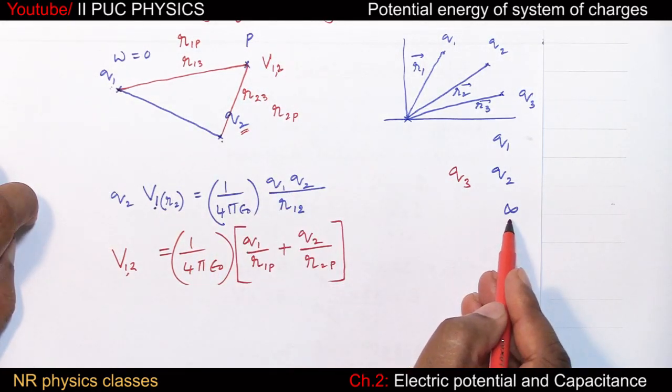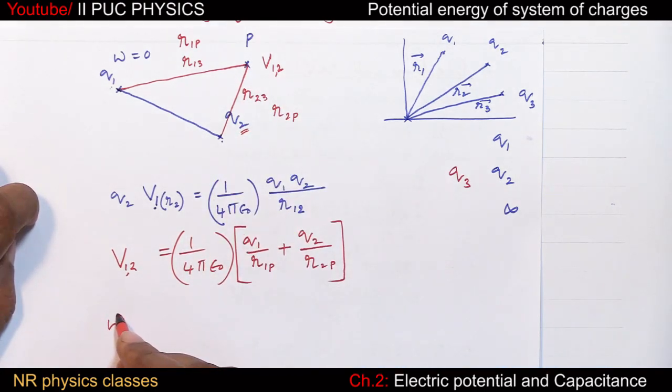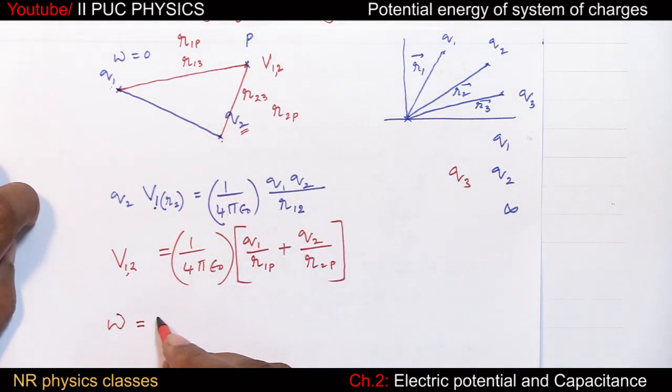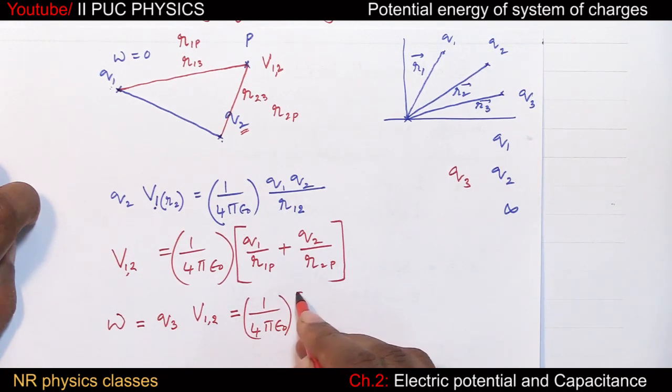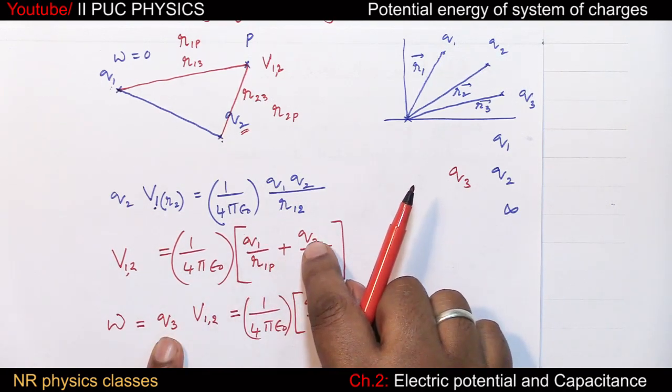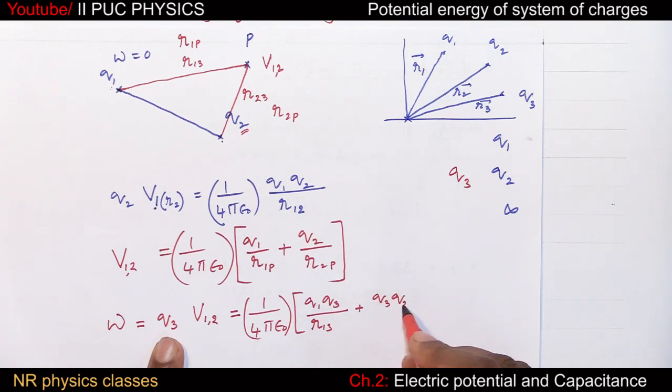Let us bring Q3 from infinity to P. Therefore, work done in bringing Q3 from infinity to P is Q3 into potential due to first and second charges, equal to 1 by 4 pi epsilon naught, taking Q3 inside, Q1 Q3 by R13 plus Q2 Q3 by R23.